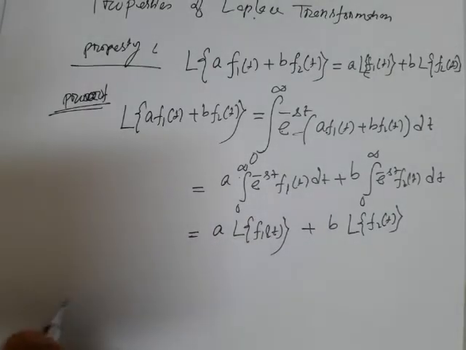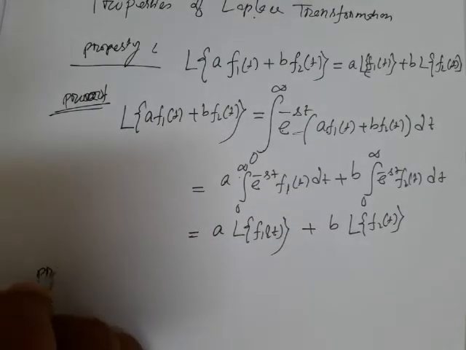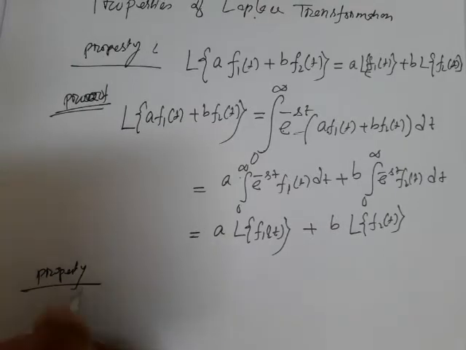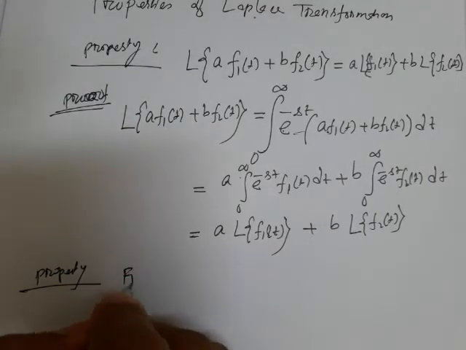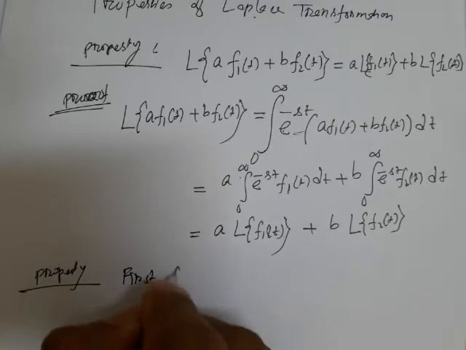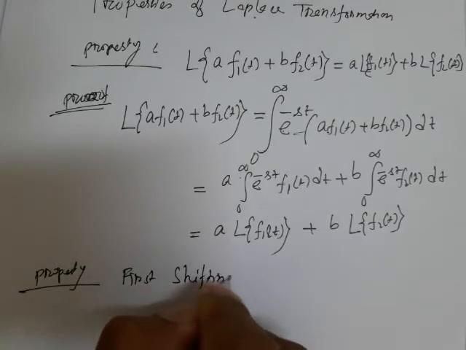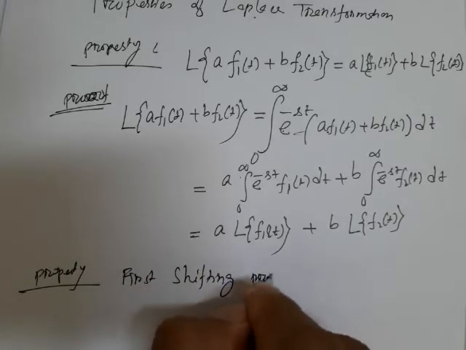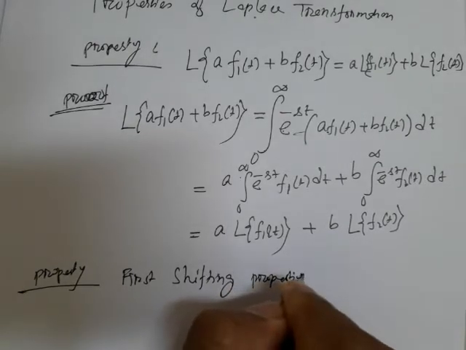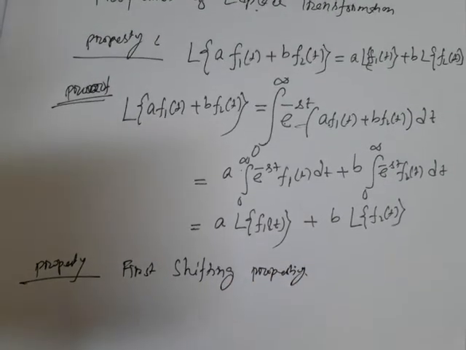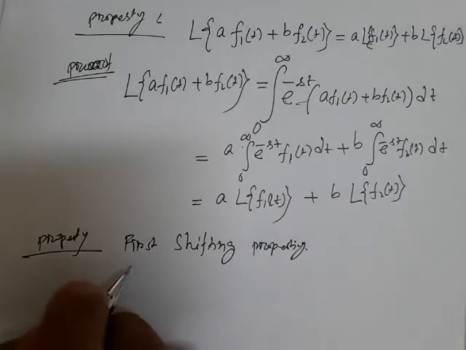The next property is called the first shifting property.